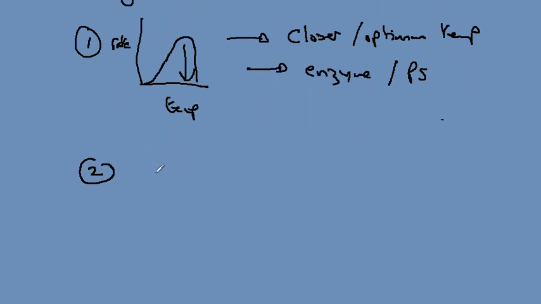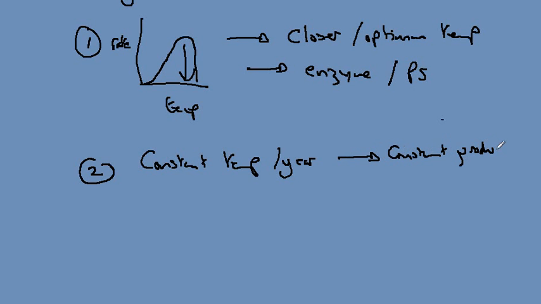The second feature is that it provides constant temperatures throughout the growing year, and so we can have constant production. This is particularly true in high altitude areas.